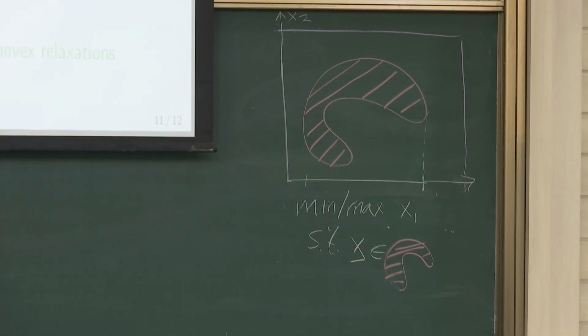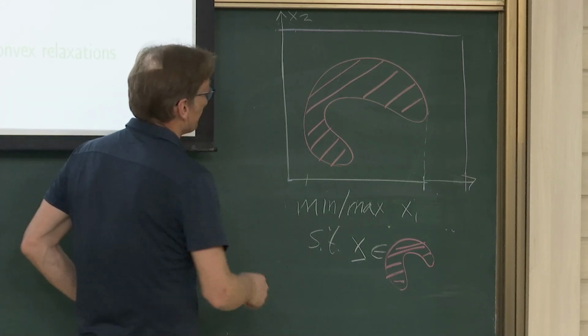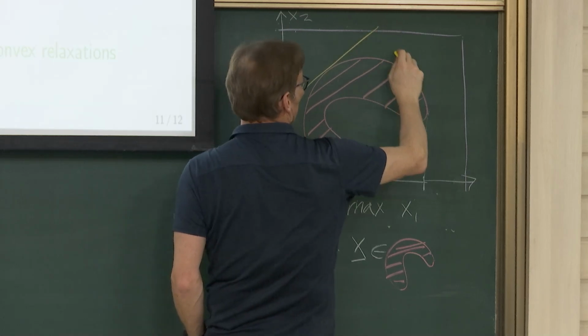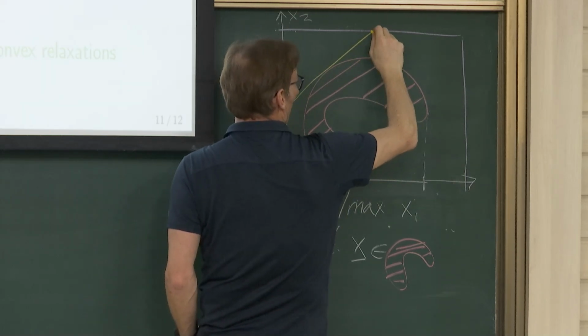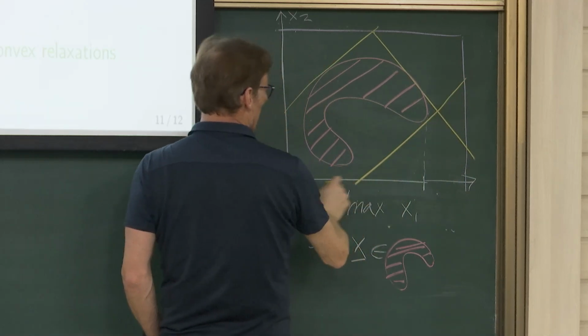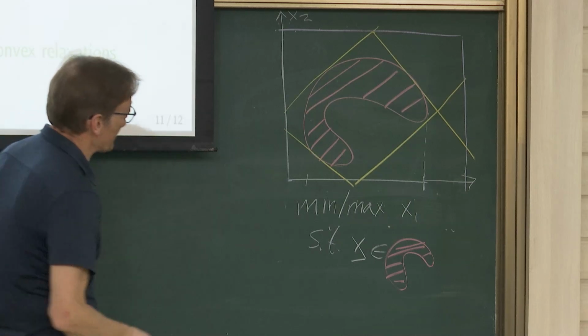So instead, what this technique does is it starts off with some polyhedral, for example, approximation of your non-convex set. And I'm just drawing something here that I have no idea how to construct.